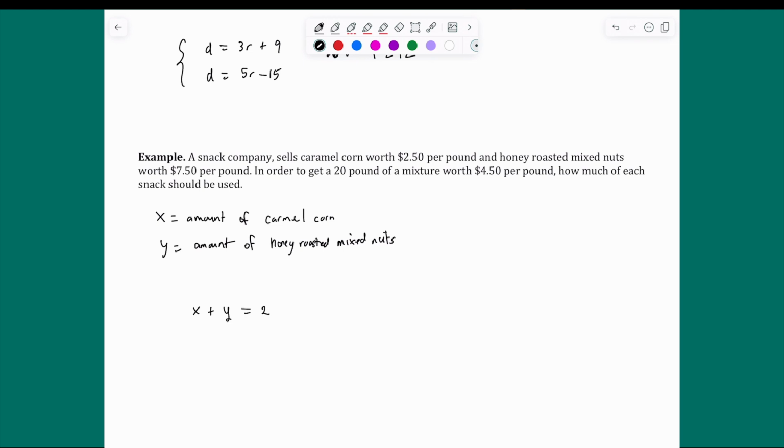Right, so the number of pounds has to equal 20 pounds. The sum of X and Y has to add up to 20 pounds, right?